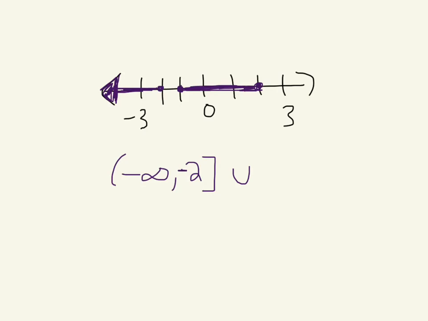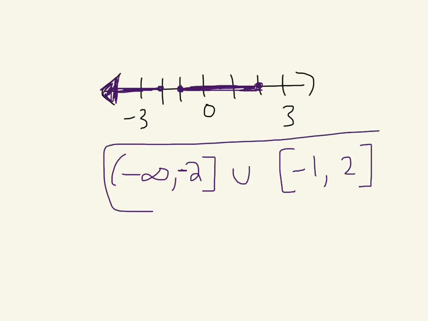How can we write this piece? It starts at negative 1 and ends at positive 2. Those are both solid circles, so those are both brackets: bracket negative 1, positive 2. And that is our answer for example 2.